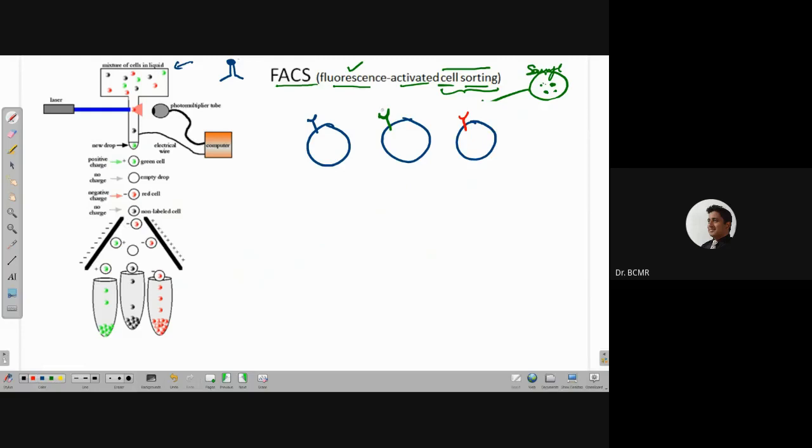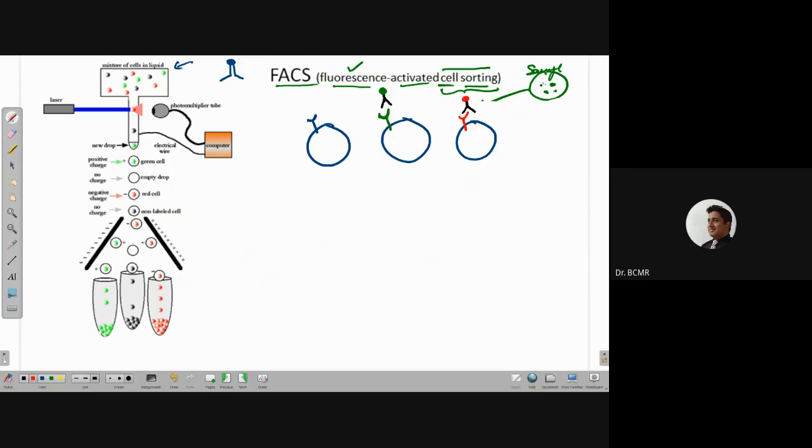And I'm adding 2 different antibodies. One that recognizes only this kind of cell, and I'm going to add a green fluorescent dye to the antibody. So the antibody is against the green receptor. And I'm also going to use another antibody, which is specific to the red receptor, and I'm going to have a red fluorescent dye conjugated to the antibody.